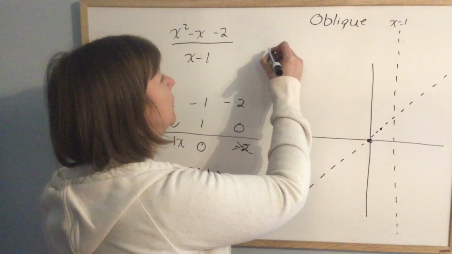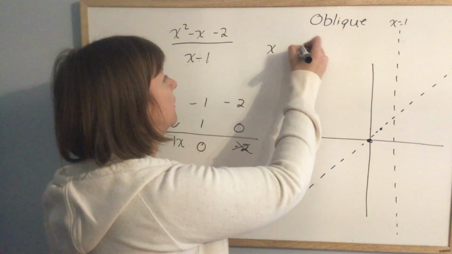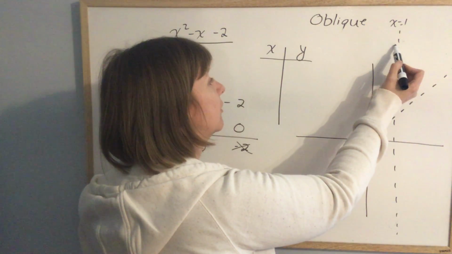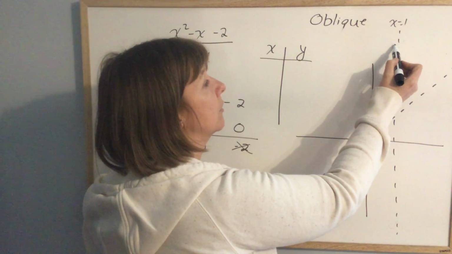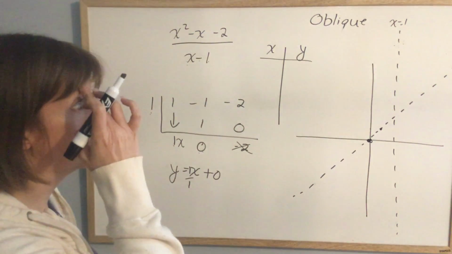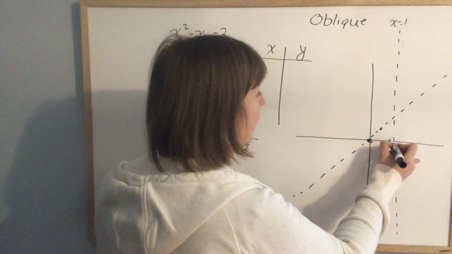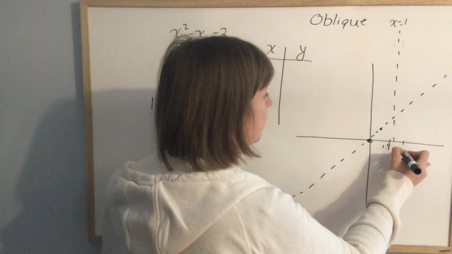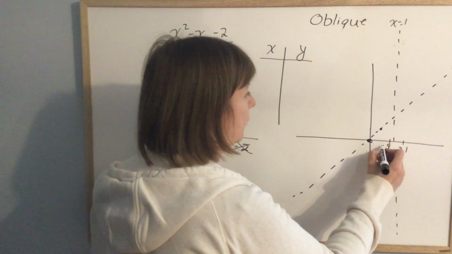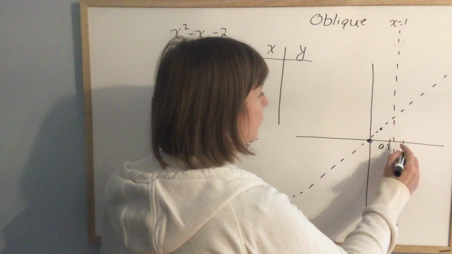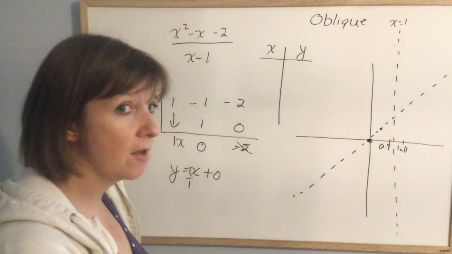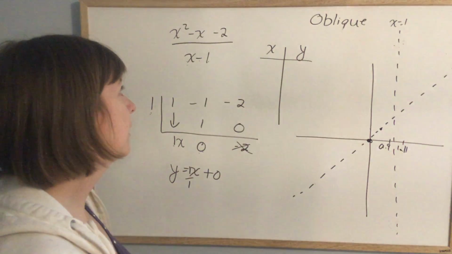So what I'm actually going to do is a quick table of values, and I'm going to pick something just on this side of the vertical asymptote and something just on that side of the vertical asymptote. So I'm going to pick, say, 0.9, my apologies, and 1.1. So something on the left-hand side of 1, something on the right-hand side of 1.